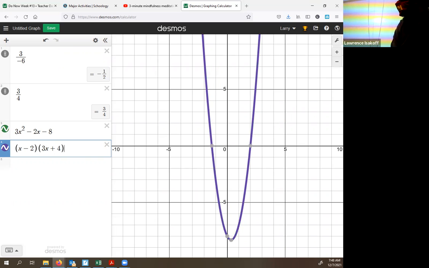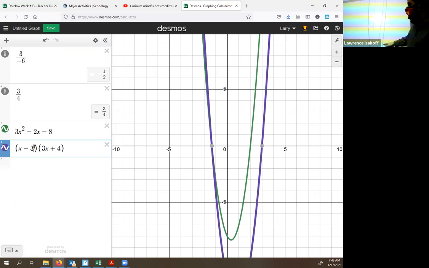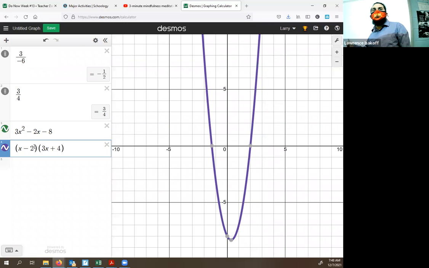And again, I get these graphs matching, this purple and green are the exact same graph. So I know I did this correctly. Again, if I had accidentally messed up and reduced it and said that was a 3, we see that purple graph goes off, but we had it all right. So we are good.